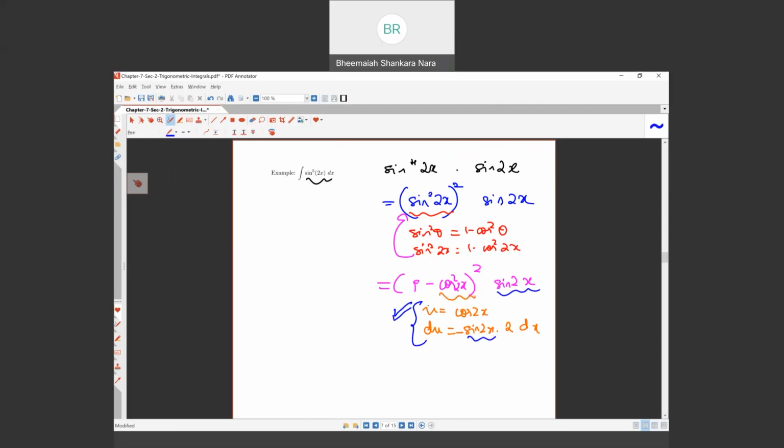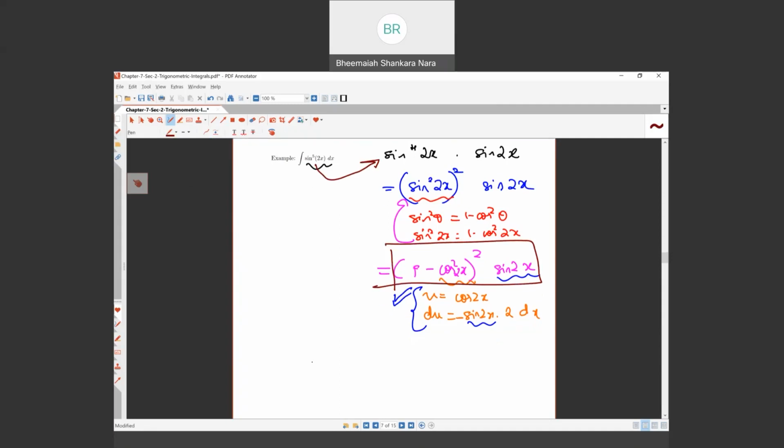So use this substitution. Now I have simplified the sine to the 5 2x term like this: 1 minus cosine square 2x, squared, times sine 2x. So let me rewrite.